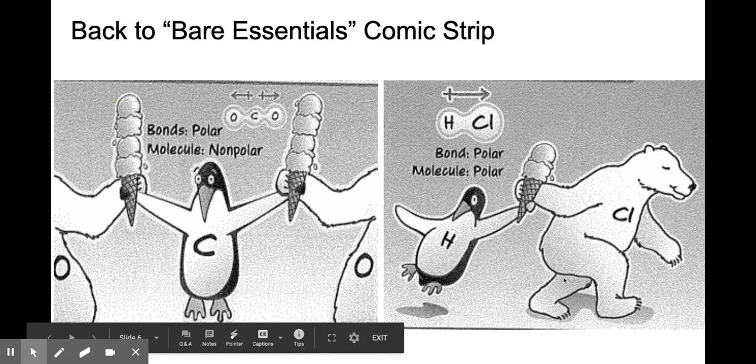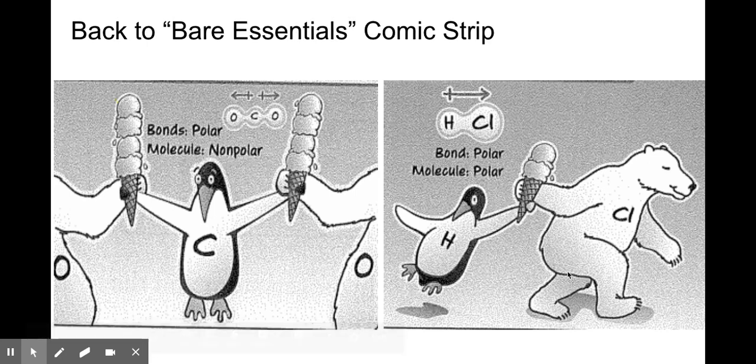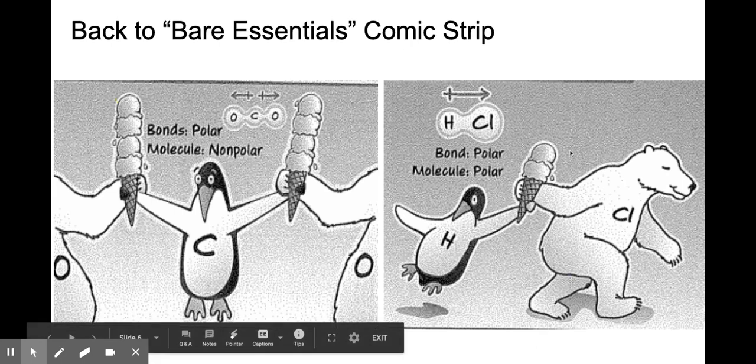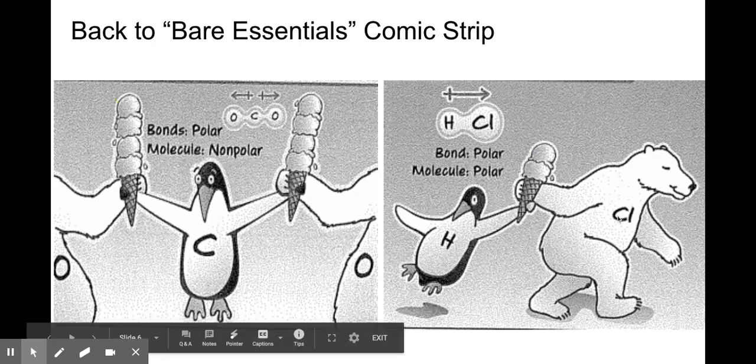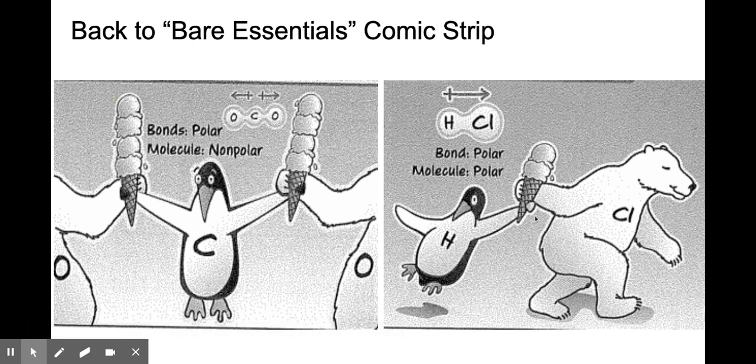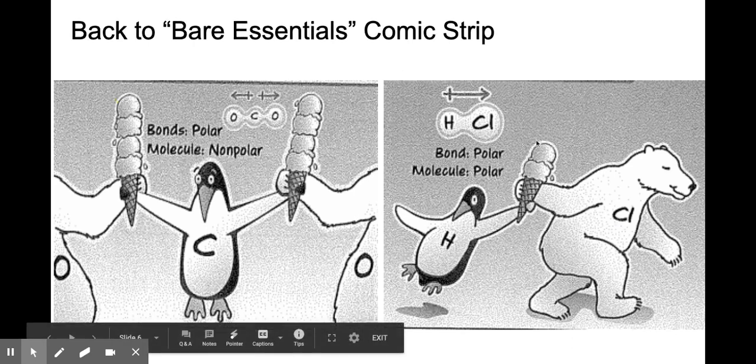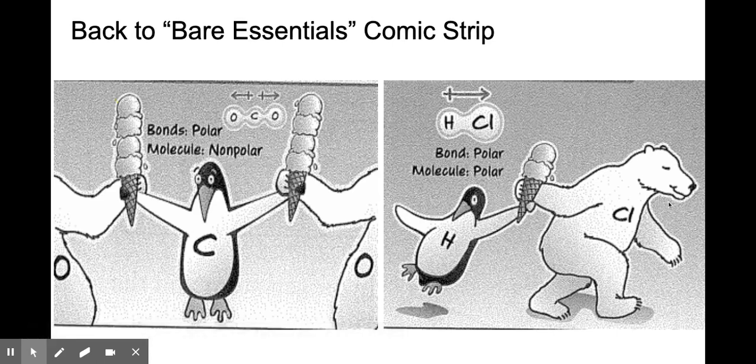Versus the right-hand side here, hydrochloric acid, a good example of a polar molecule. So here we have Cl represented by the polar bear and hydrogen represented by the penguin. Again, ice cream is representing those shared electrons between them. So the polar bear here, this chlorine, is pulling the hydrogen towards it, pulling the penguin towards it. The penguin's moving, the electrons are moving in the same direction as the chlorine, which means that this is a polar molecule.